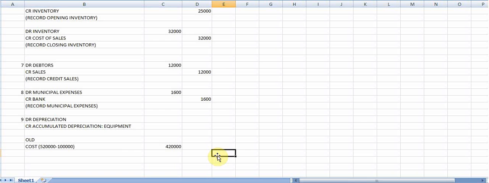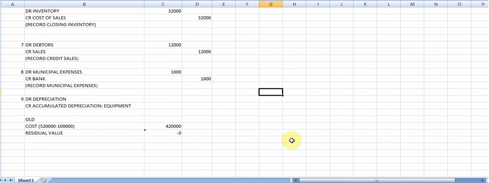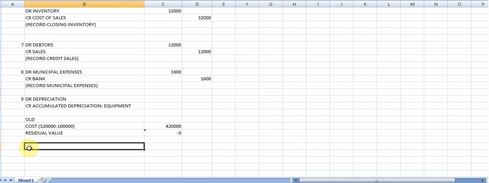I have to calculate it on cost, but there is no residual value given, so I'm just going to deduct nothing there. And then I'm going to say, but what is the method? They tell me it's 15% per annum. So the rate I need to times by 15%. Remember, I divide by years, but I times by a percentage.